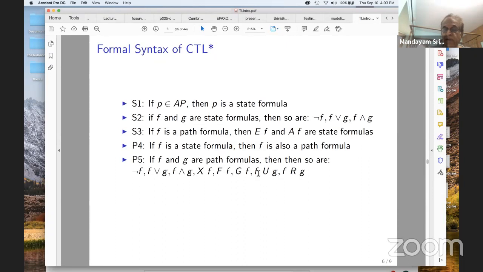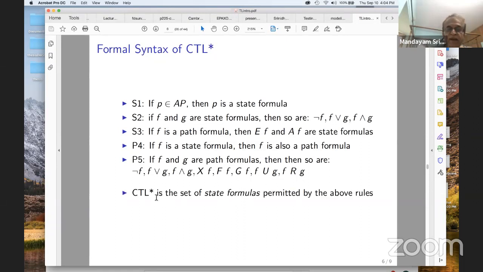These until and release are binary operators which take two path formulas as arguments. We will define the formal semantics later, but informally, since path properties are sets, when you complement it, you get the complement set. A disjunction corresponds to the set of paths that satisfy F or G, and conjunction is intersection, and negation is complementation, as I showed you in the earlier slide.